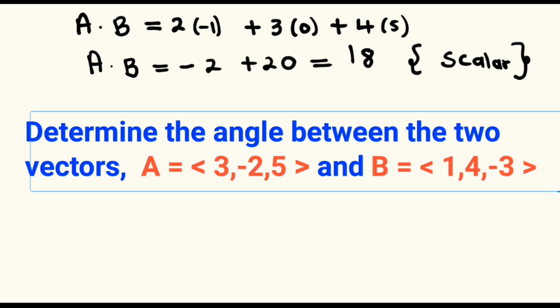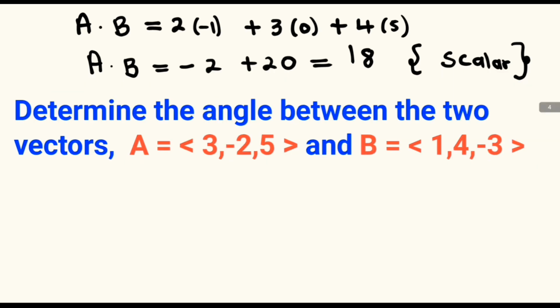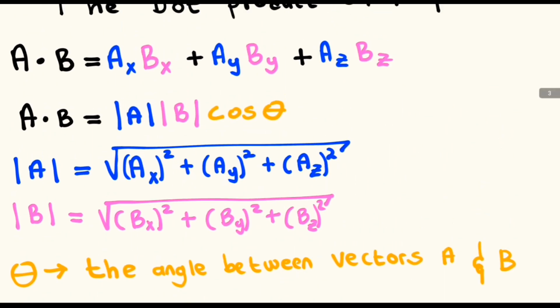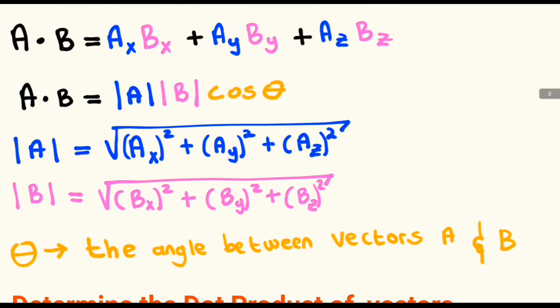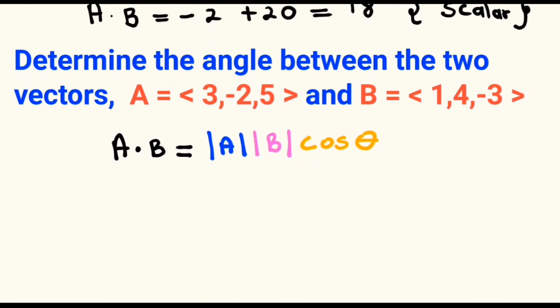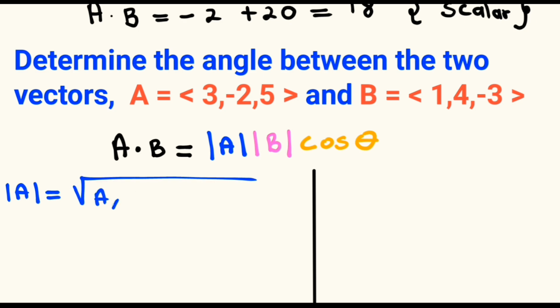Moving on to the second question, we have to determine the angle between the two vectors A and B. We copy and paste our formula. We start by determining the length of A, which is equal to the square root of A subscript x squared plus A subscript y squared plus A subscript z squared.